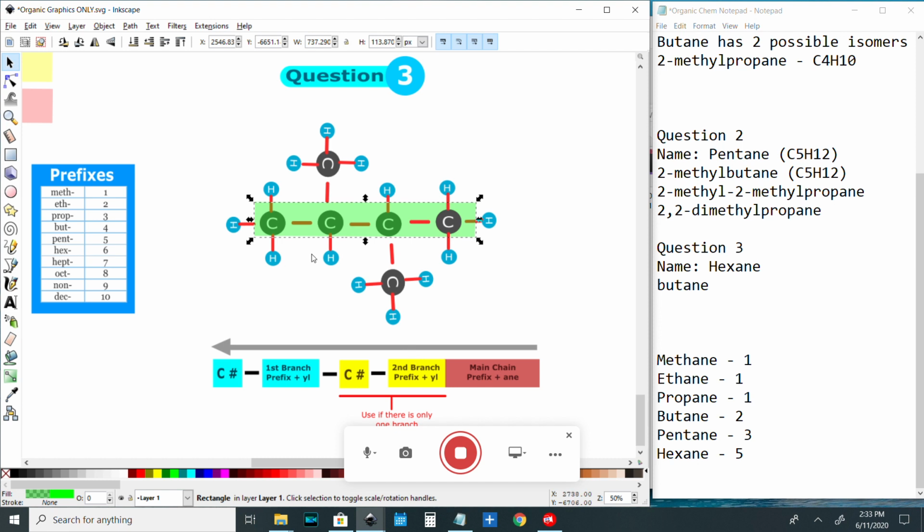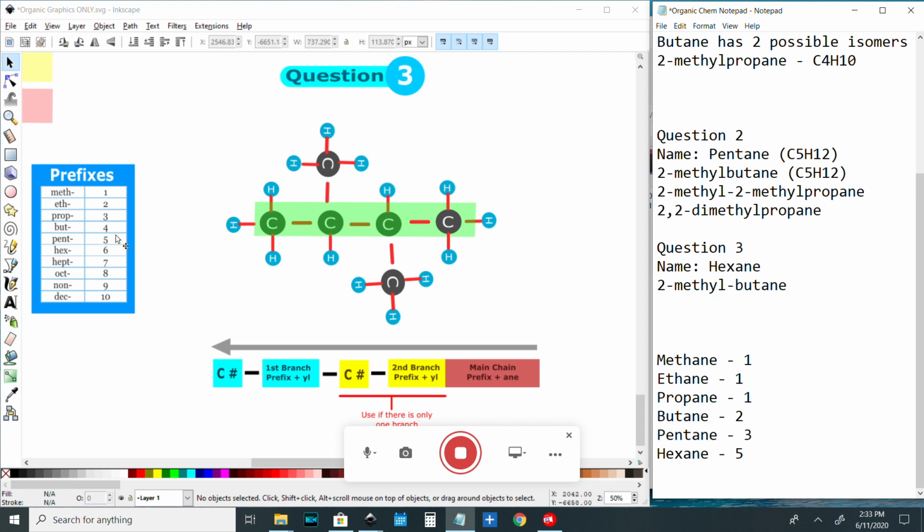So let's start from this side here, just use this as our starting point for both chains. So this one occurs at the second carbon, 1, 2. So this is the blue part I'm naming here. Second carbon, dash, it only has 1 C in it. So that's METH, and since it's a branch, it's YL.